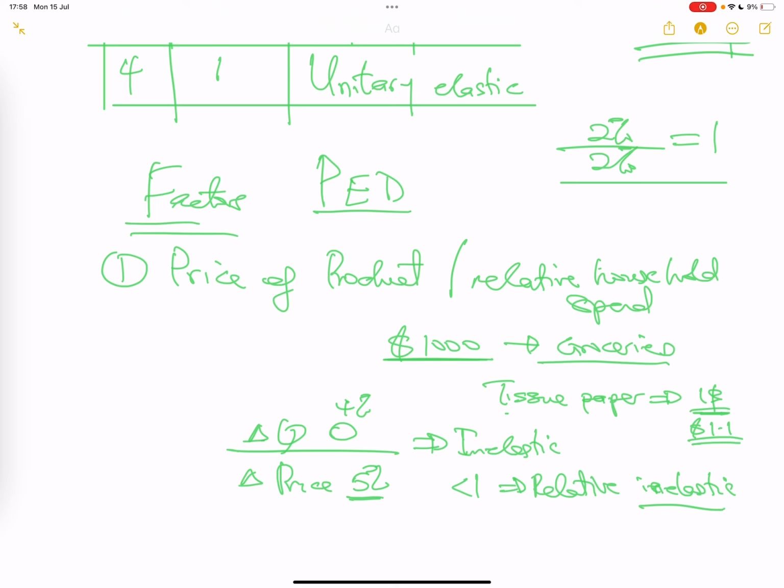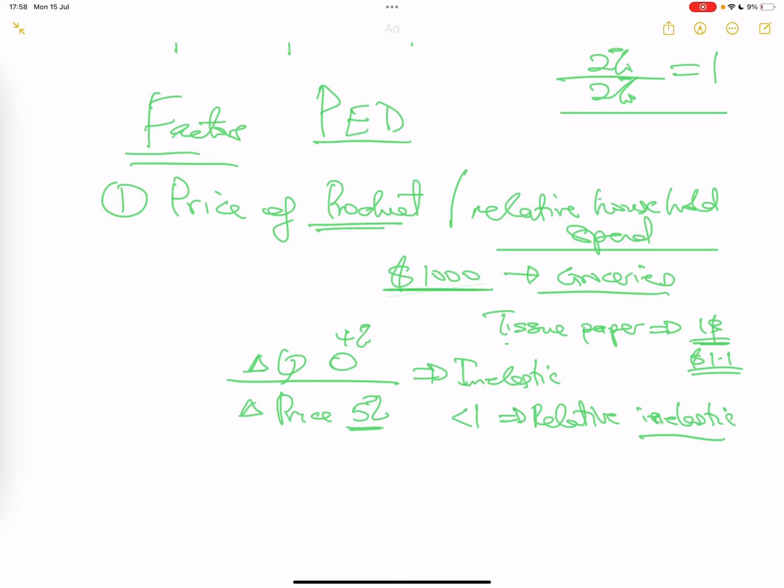So the price of the product relative to the entire household spend is important in determining what your price elasticity will be. But imagine if the tissue paper is being sold for 700, and then it goes up to 750. It's huge for you.